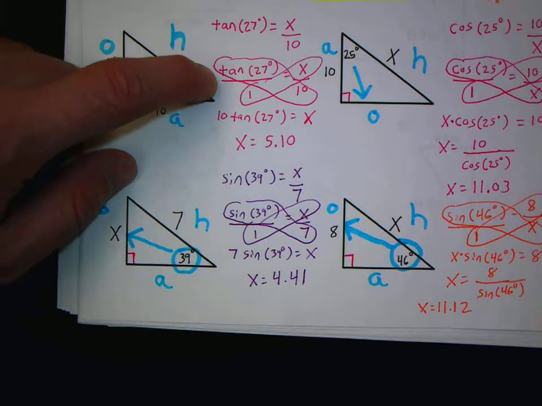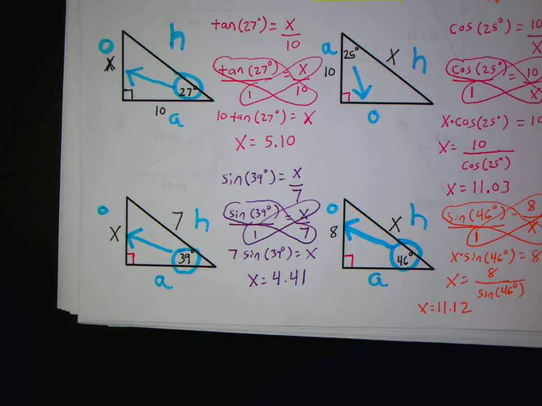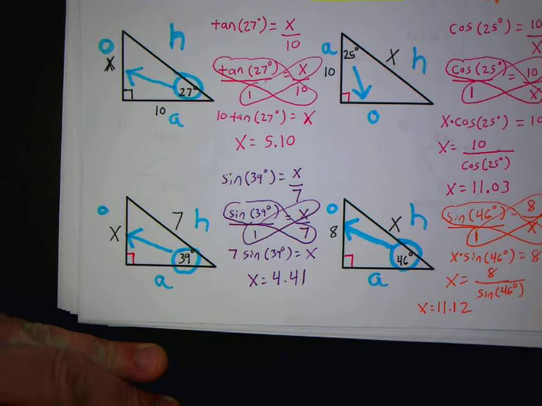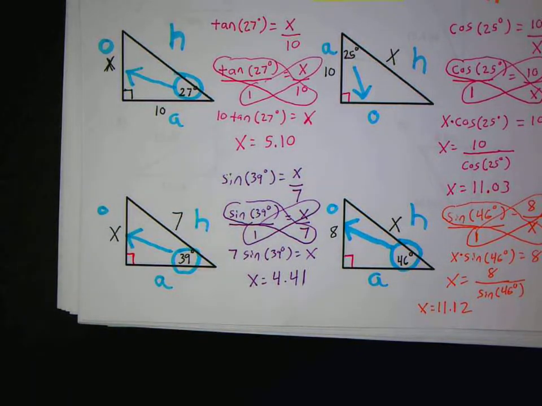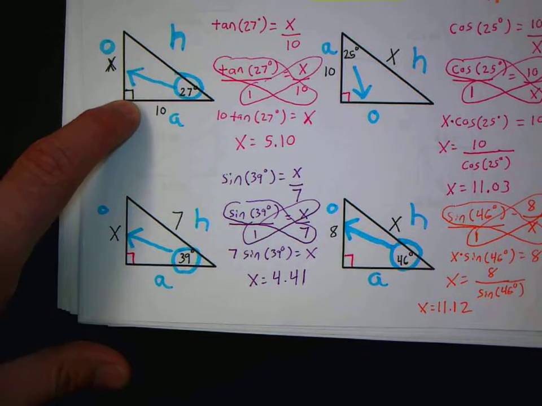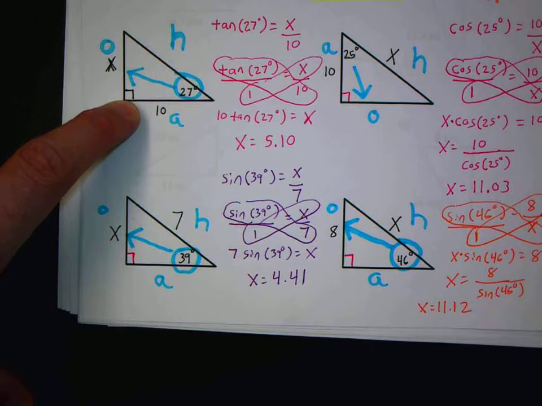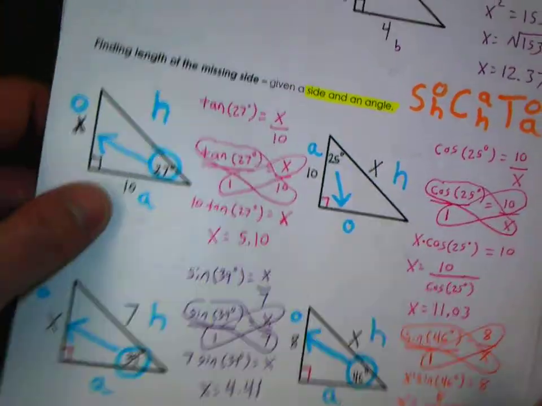But if you have two sides trying to find an angle, you do use the inverse function. So you gotta make sure you get that in your head. If I'm trying to find an angle, I use the inverse. If I'm trying to find a side, I use just regular. Also, none of this works unless it's a right triangle. SOHCAHTOA does not work if it's not right. Remember that.